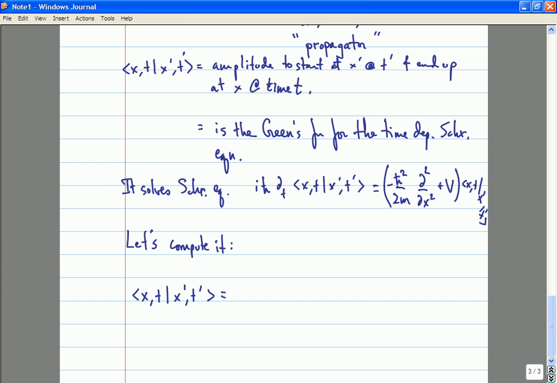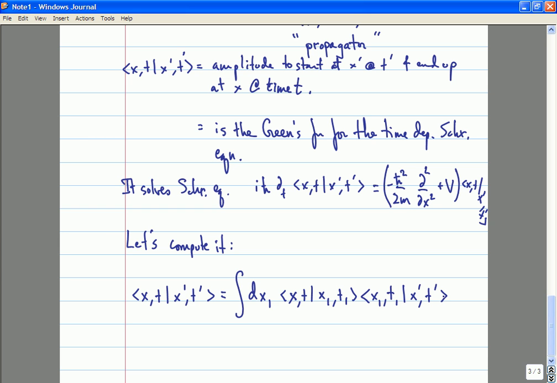But I could rewrite that in a sort of slick way by considering some intermediate time t1 that lies between t and t prime. And I could write this as the amplitude for the particle to go first from x prime and t prime to x1 at some time t1, and then to go from x1 at time t1 to the final position x at time t.